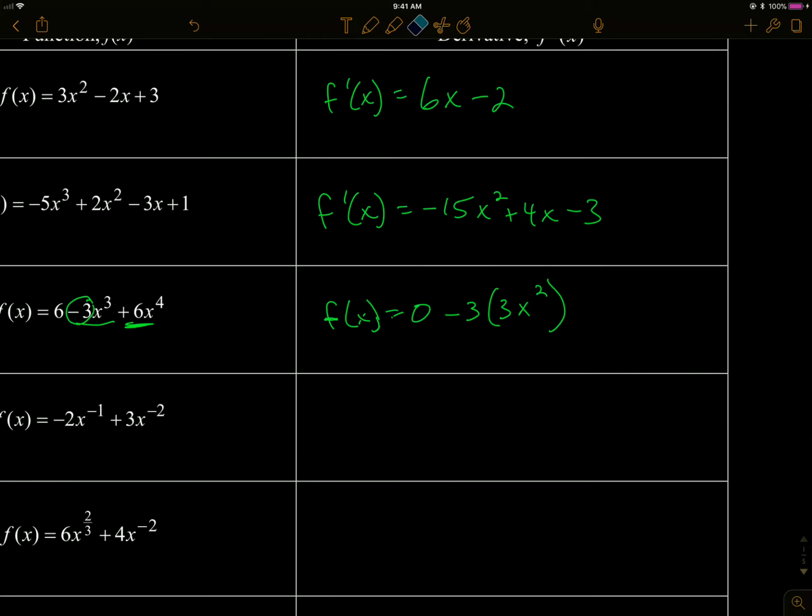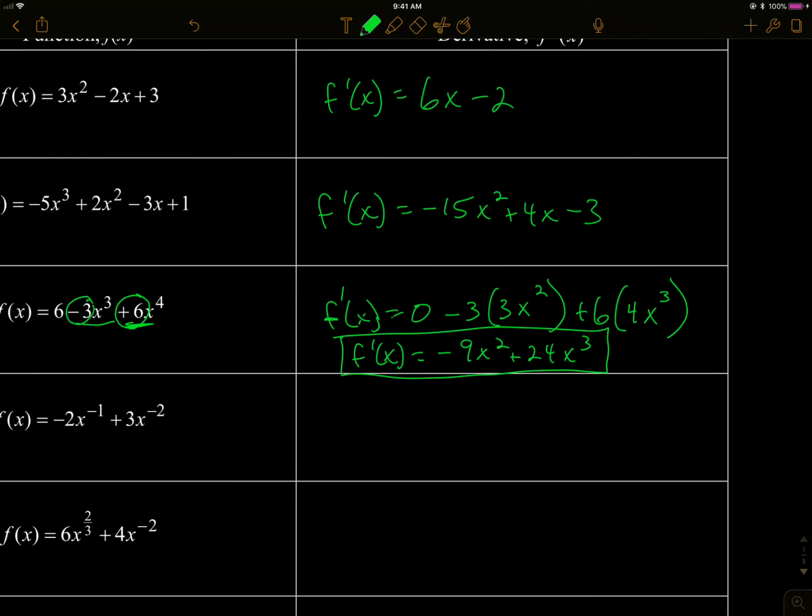So if I apply that power rule again to the last term, I can pull my constant out of the differentiation process. Then I can think of x to the 4th. The 4 comes down, I recopy the x, I reduce the power by 1. So then f prime of x becomes negative 9x squared plus 24x cubed.